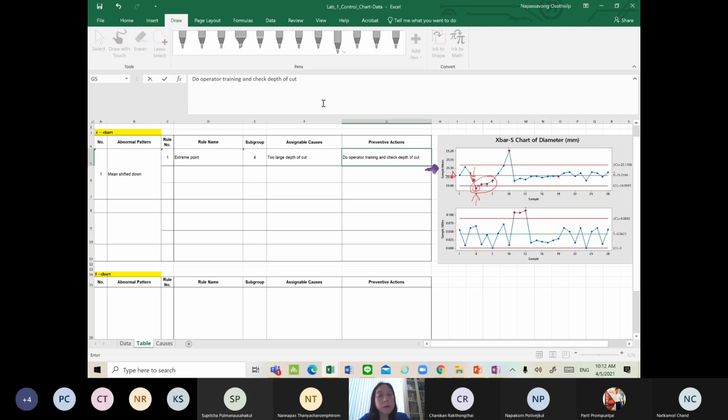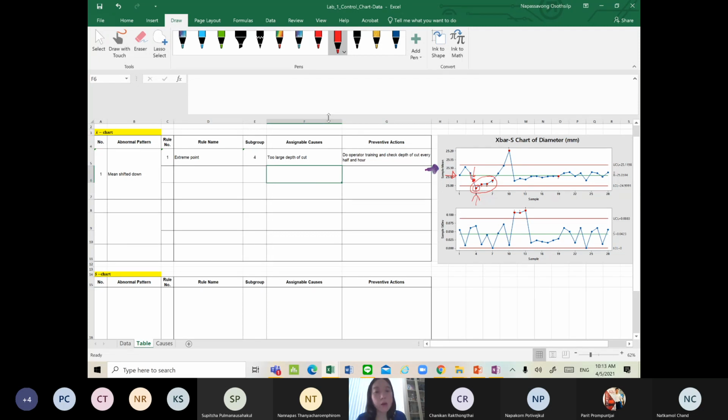For example, you may say that you have to check the depth of cut every half an hour, just to make sure whether somebody is making wrong adjustments or not. So this can be your preventive action.